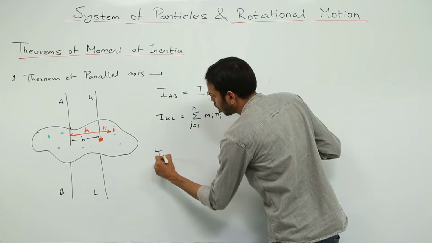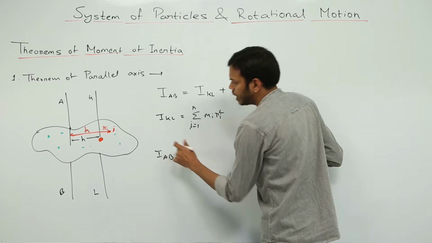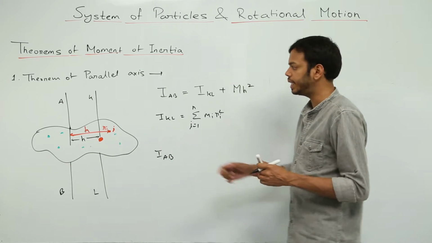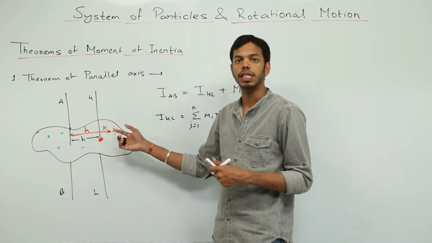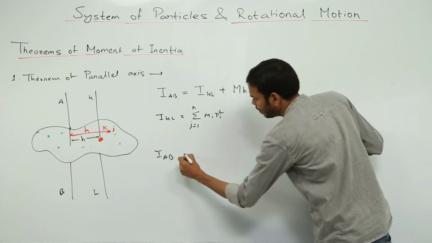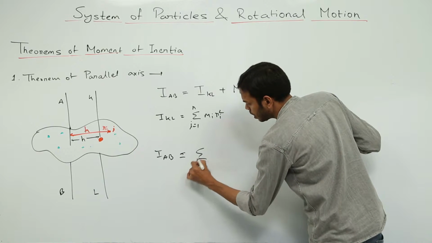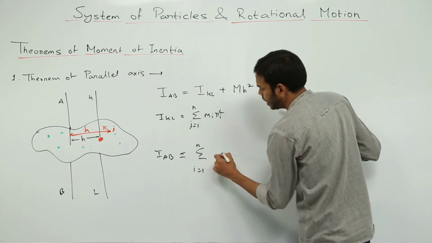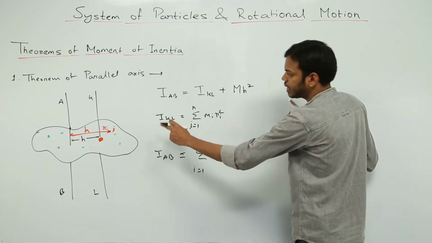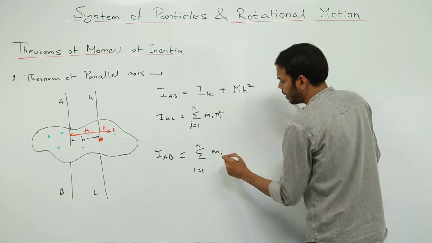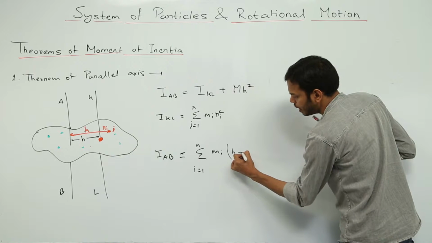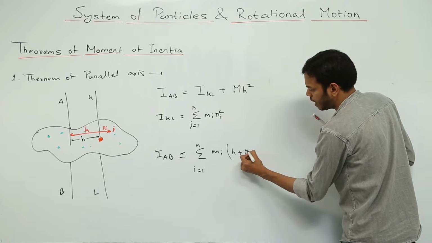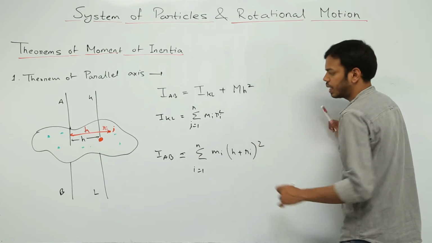Now if I want to talk about the moment of inertia about the axis AB of the same particle, it will be summation i equal to 1 to n of mi, the distance of the ith particle from AB is h plus ri, right?